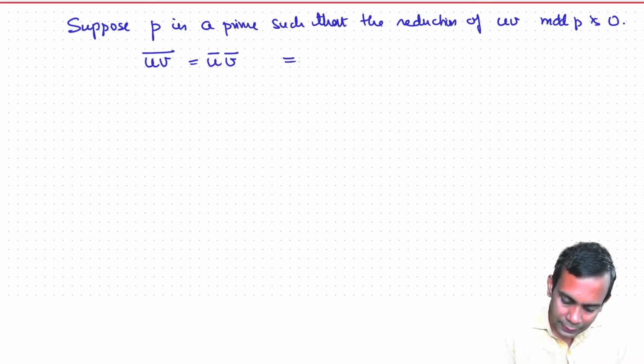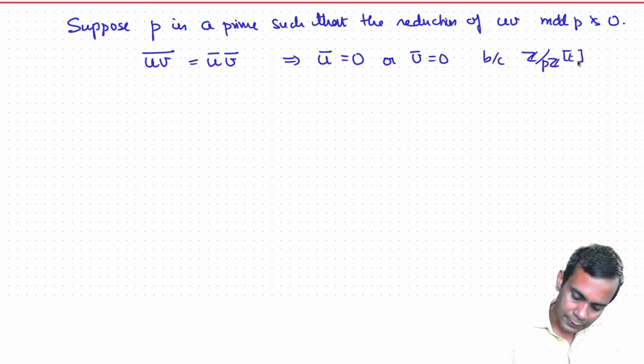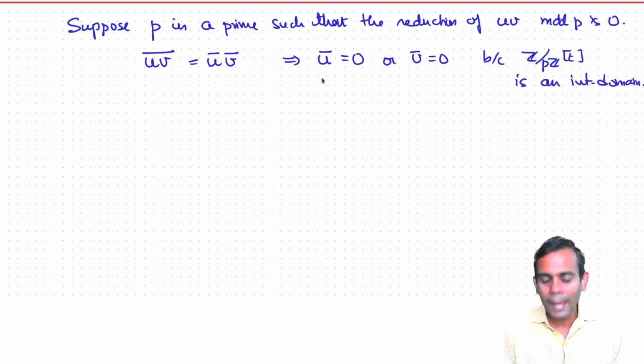which implies that either u bar is 0 or v bar is 0, just because the ring Z mod pZ[t] is an integral domain. But this cannot happen because we know that u and v are also primitive.